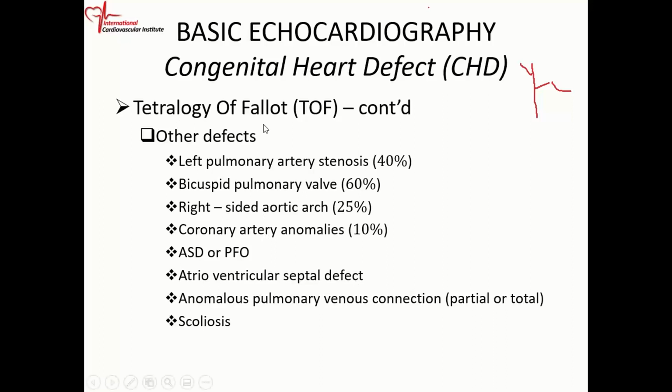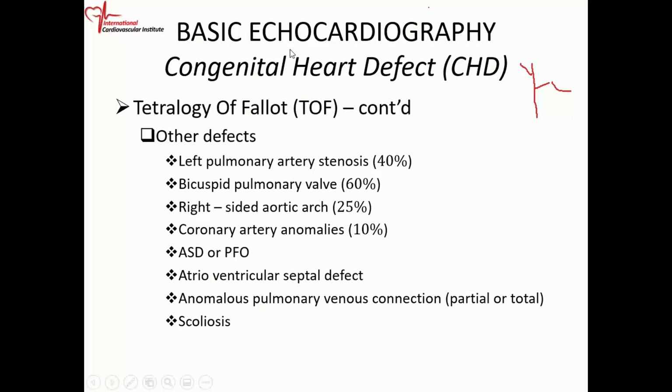So when you have a baby with tetralogy of Fallot, you're going to look for other defects, and you can get, as we mentioned, branch pulmonary artery stenosis, and you can get stenosis of the left pulmonary artery in about 40% of these cases.